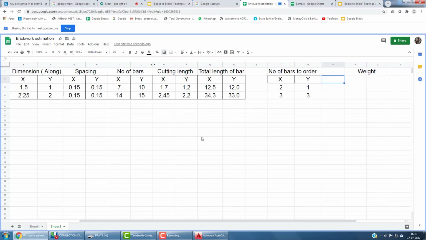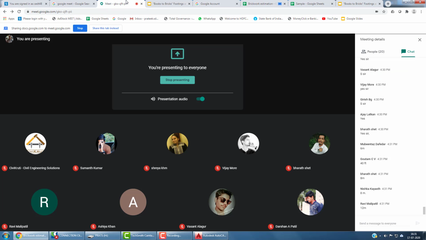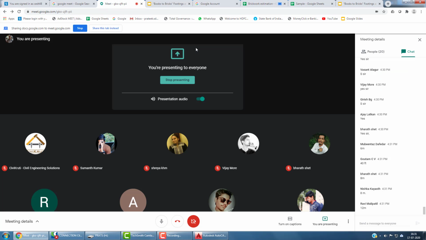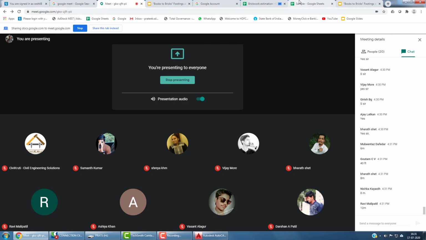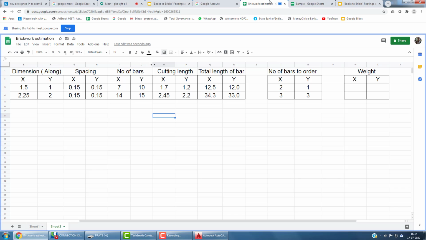So to calculate weight in x and y direction, I think most of you are not understanding it.